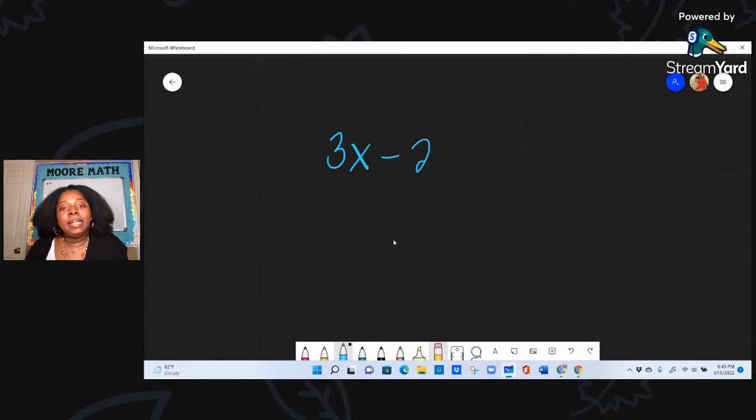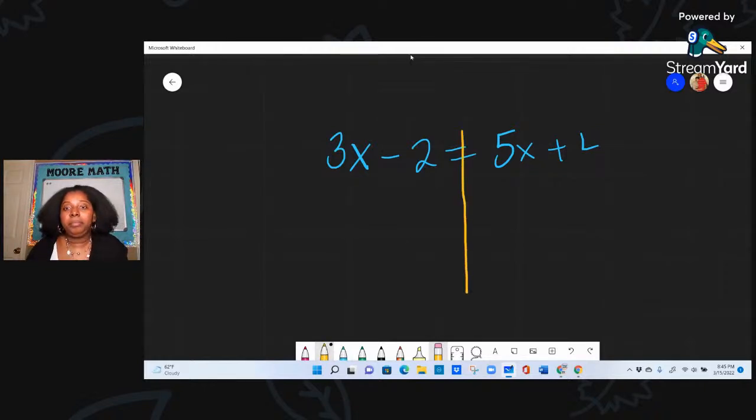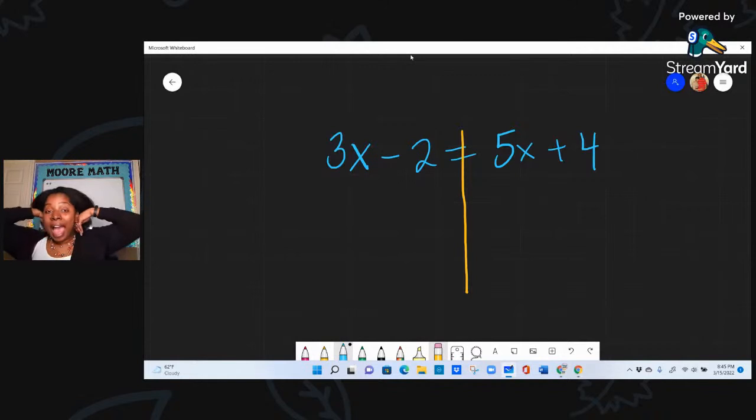3x minus 2 equals 5x plus 4. I just made this up, so I don't know if it's going to work. So 3x minus 2 equals 5x plus 4. Okay. So with this, we have x's on both sides.